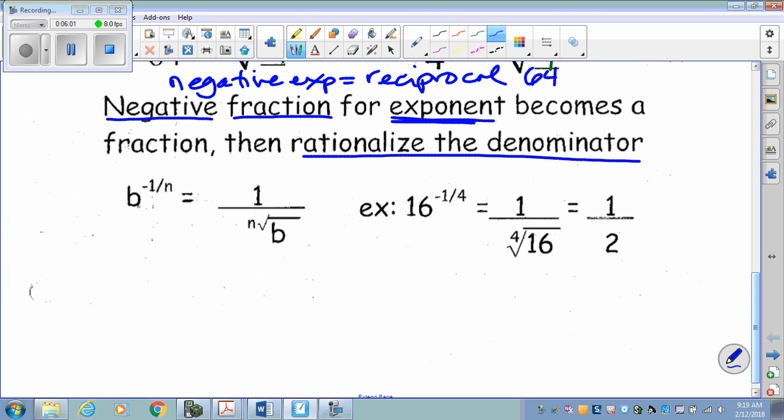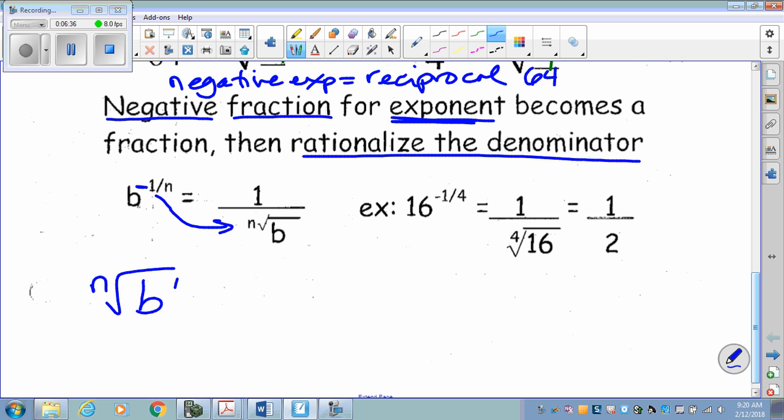So if I have b to the negative 1 over n, that's the reciprocal, that means it goes into the denominator, and 1 over n means I have the nth root of b to the 1. The negative makes it go to the denominator.